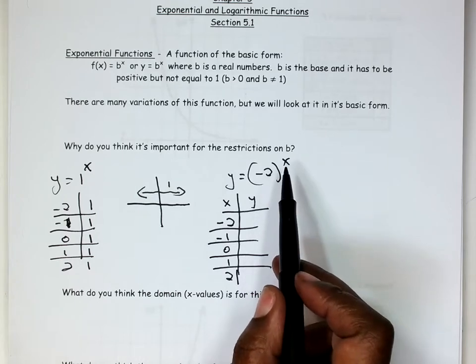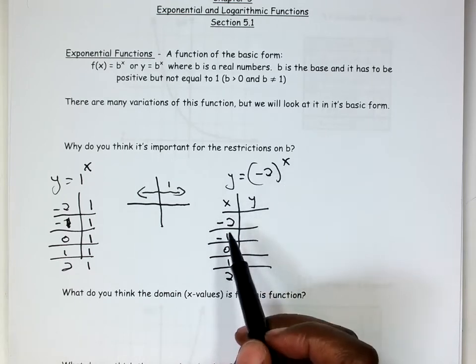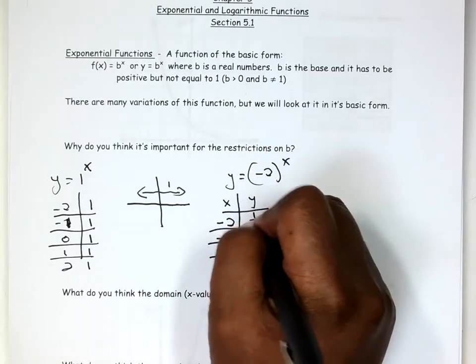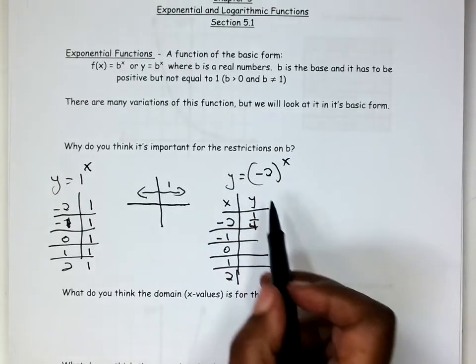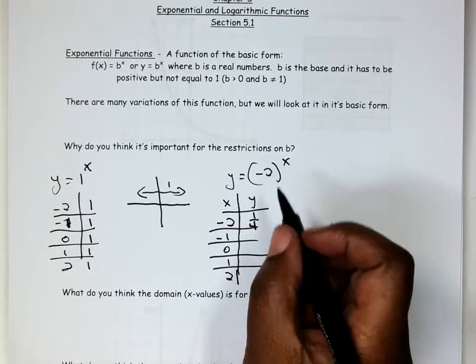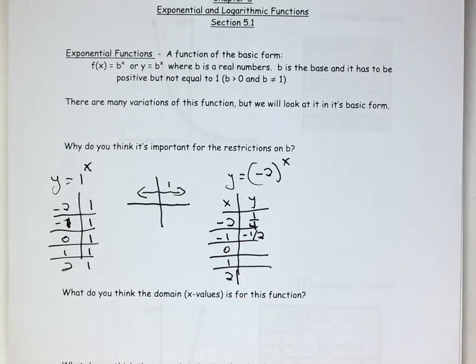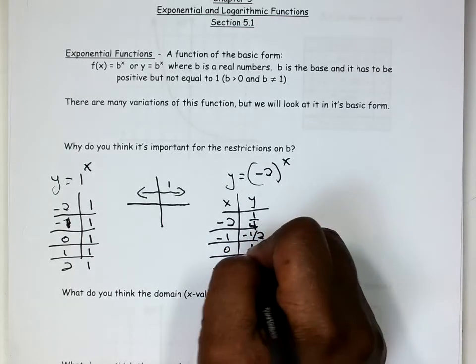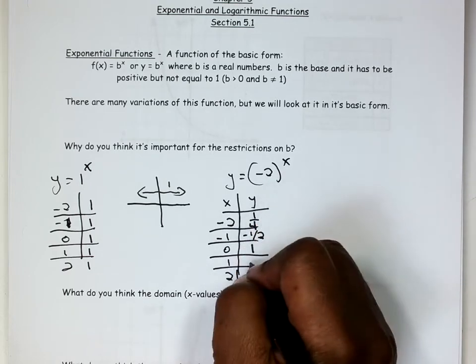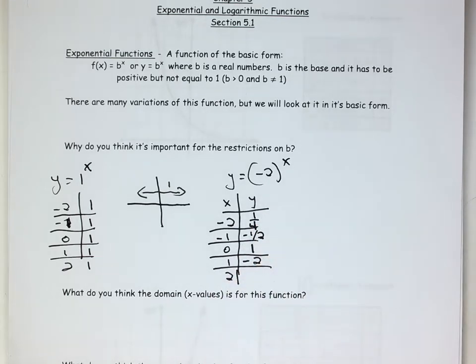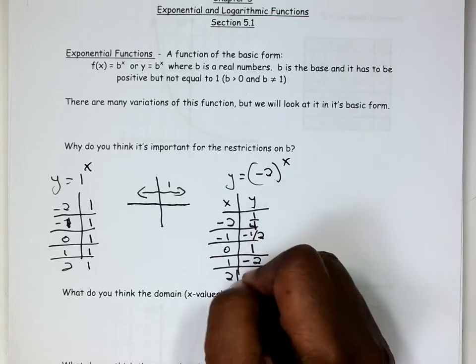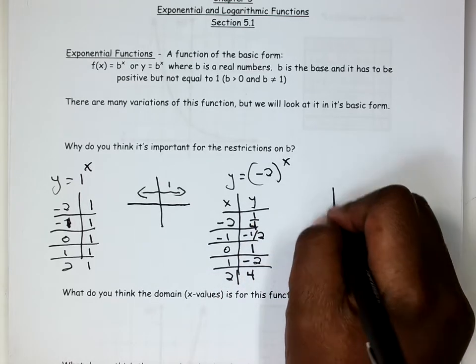Negative 2 to the negative 2 power. Well, that negative flips it and then squares it, so I get 1/4. Negative 2 to the negative 1 power would be a negative 1/2. Negative 2 to the 0 power is 1. Negative 2 to the first power is negative 2. And negative 2 squared gives me a positive 4.